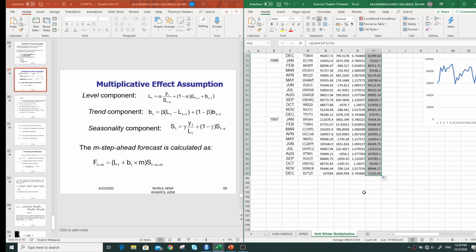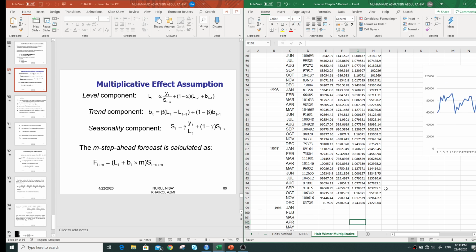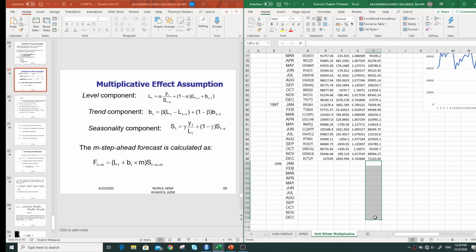So this is your Holt-Winters trend and seasonality. If you want to do some forecasting, this is our forecast value.